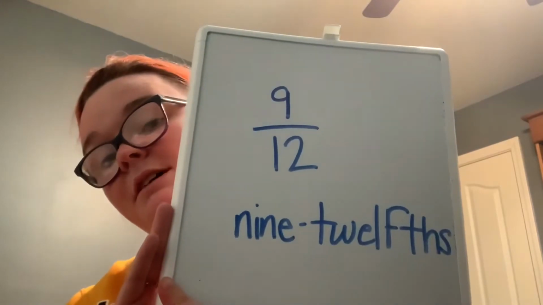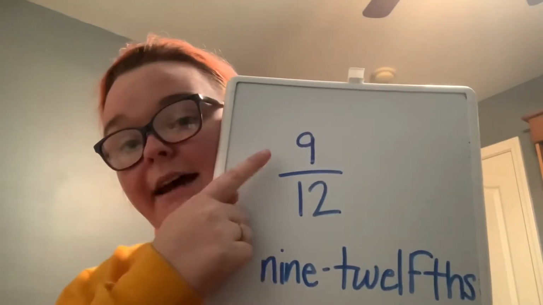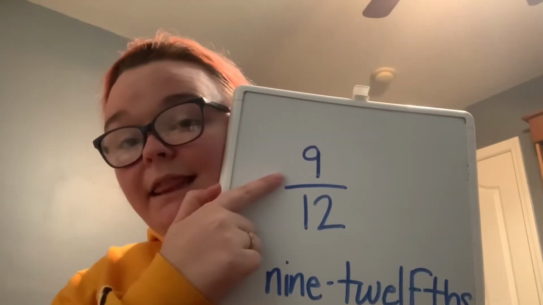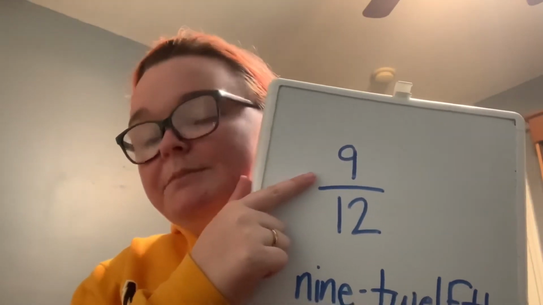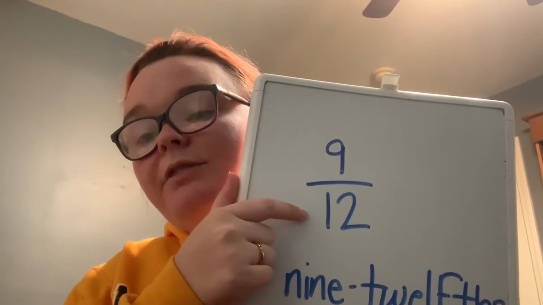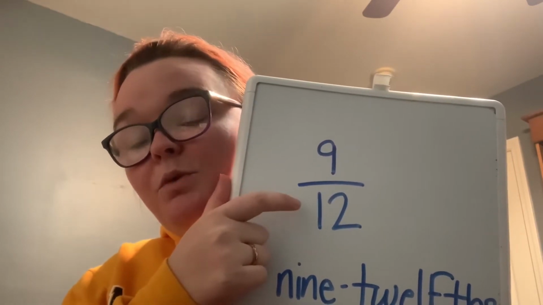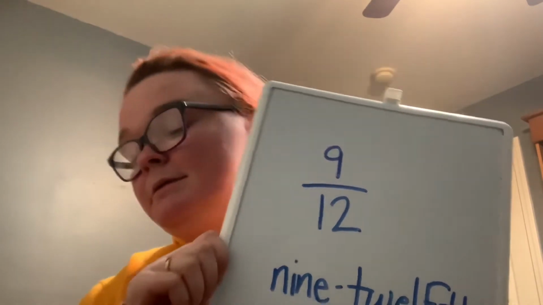It sounds strange, but 9/12. So again, the 9 is the numerator, indicating the part that is taken away or the part that is shaded. And then the 12 is the number of equal parts of a whole.